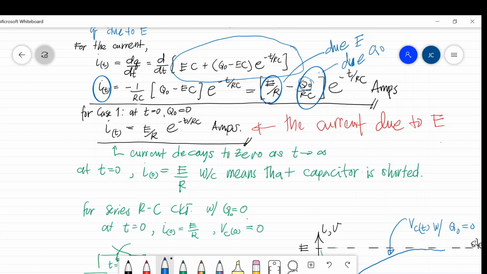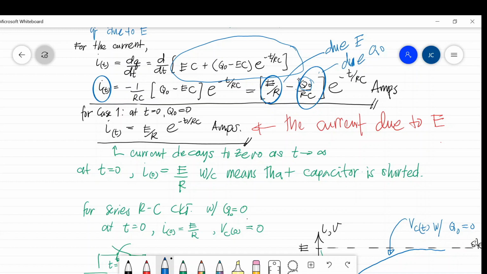So these two currents may add up or subtract depending on the connection of the capacitor in the circuit. If the capacitor has a positive polarity connected to the positive polarity of the supply, then they will oppose, and therefore they will subtract with each other.